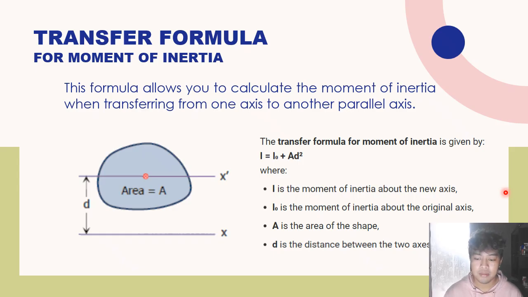And A is the area of the shape, and D is the distance between the two axes. So the perpendicular distance between the two axes. So that is our transfer formula.